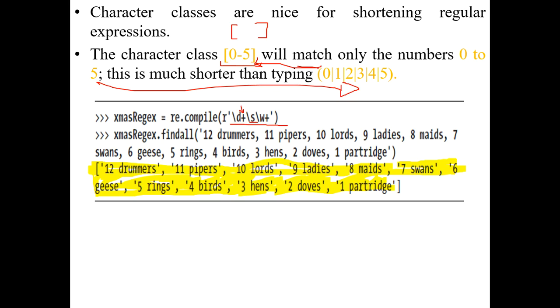So this pattern is going to match a string that starts with a digit and contains a space, after which it may include one or more letters.